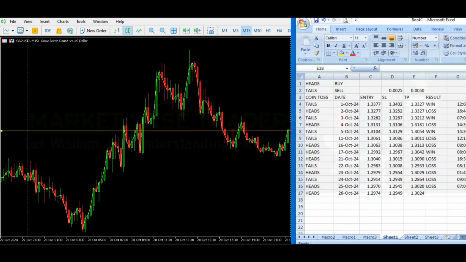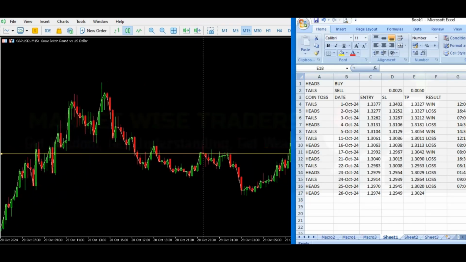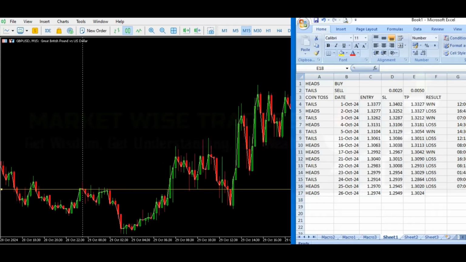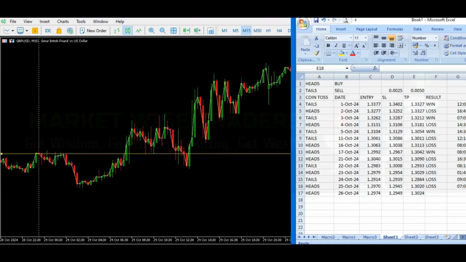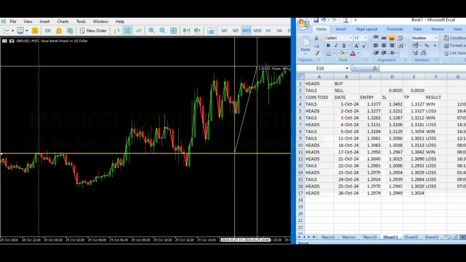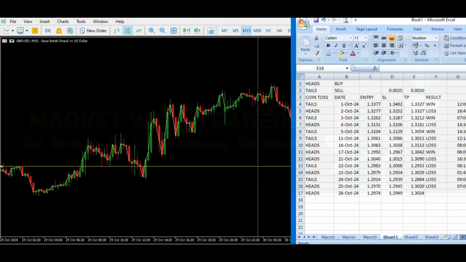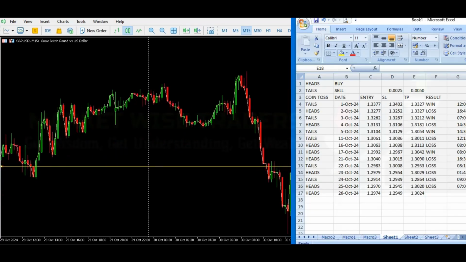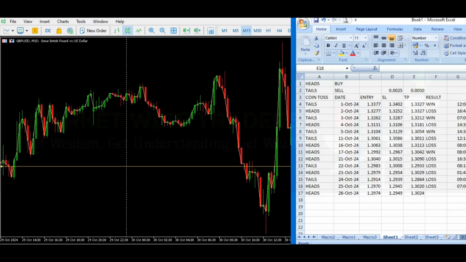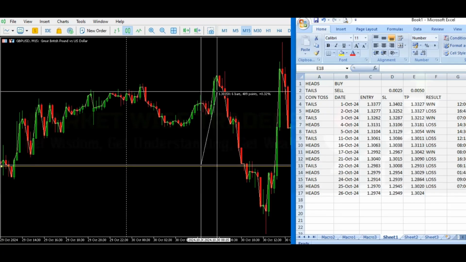Here it went. Looks like it was a win. That's 50 pips. Not yet. Next day. Let's see if we would have been stopped out or made it here.